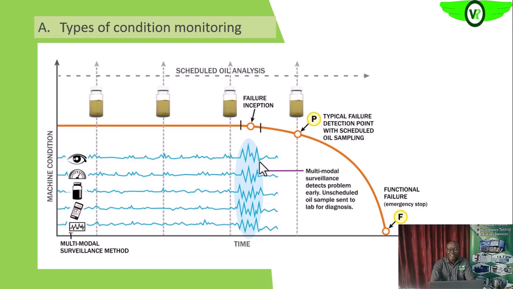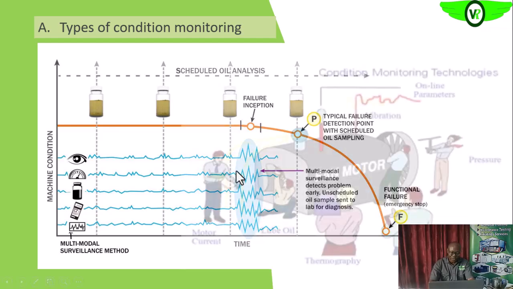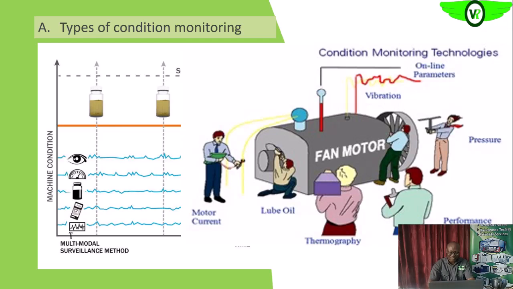In most cases it's already entering the wear out period before we can sense them, which is this area, before we can use any of our physical senses to actually sense them. But if we have technology in place, we will see the changes at the incipient stage, when it is starting, and that will help us to do things that will stem that condition from deteriorating. So we are going to see some of them, as you can see on your screen.